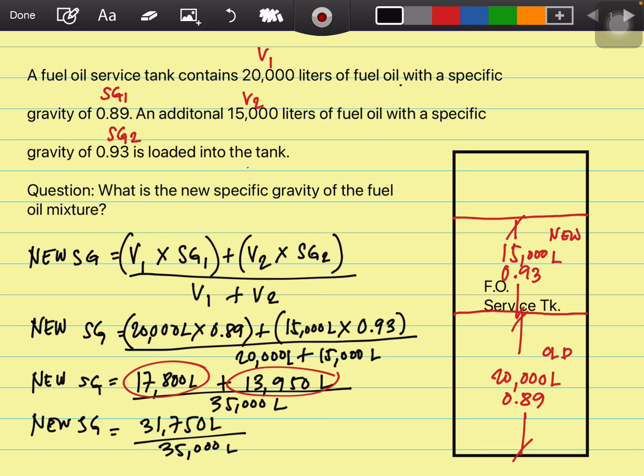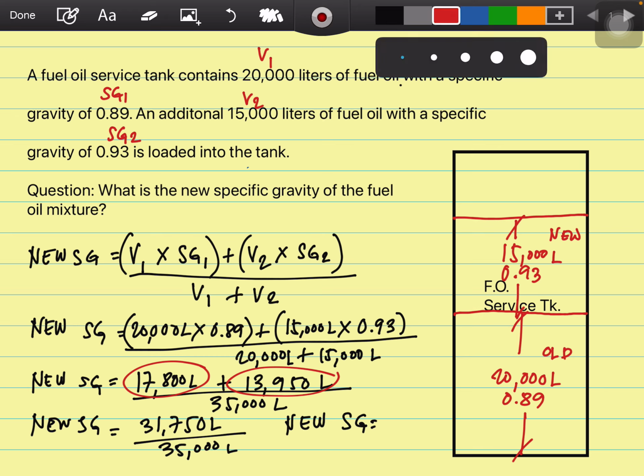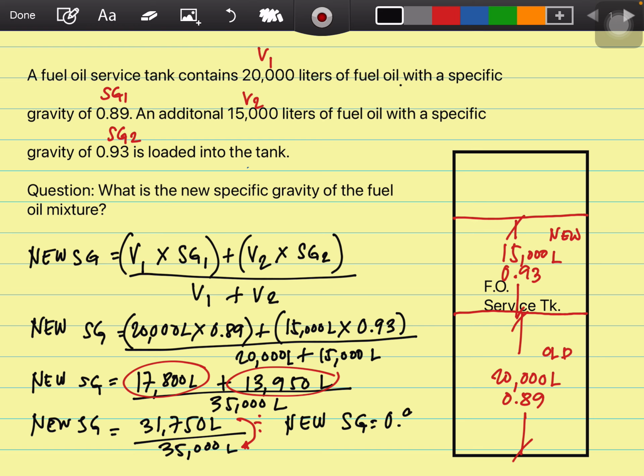Now we write again, new SG. We divide 31,750 liters by 35,000 liters, and what do you get? You get 0.9071.